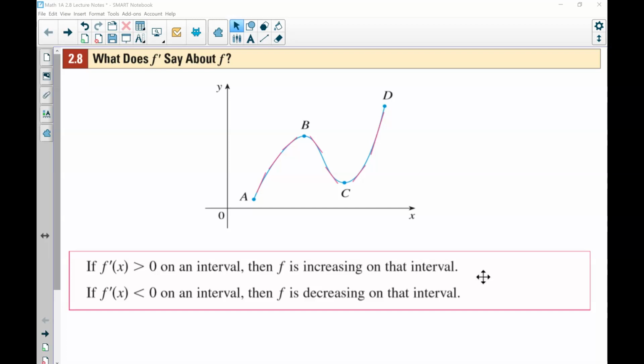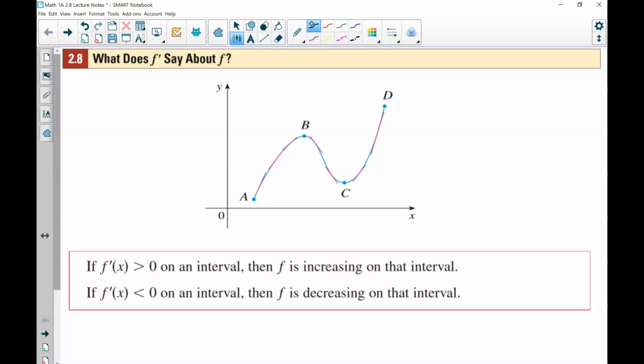Now, if you take a look at letters A, B, C, and D, between A and B and between C and D, the tangent lines have positive slope. And so therefore, f prime of x is greater than 0.